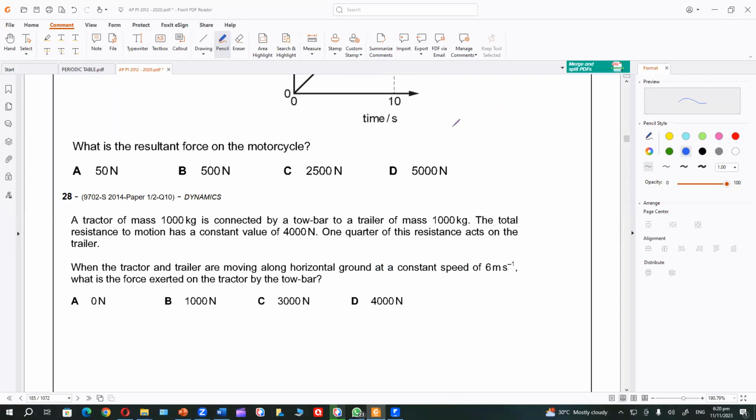Yes, because the magnitude of the velocity is decreasing.